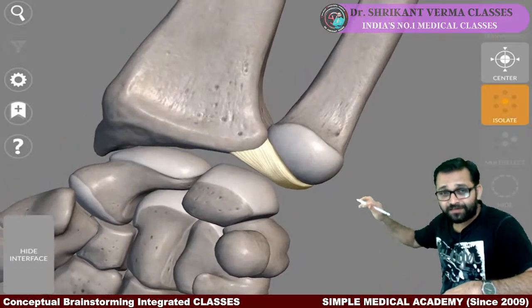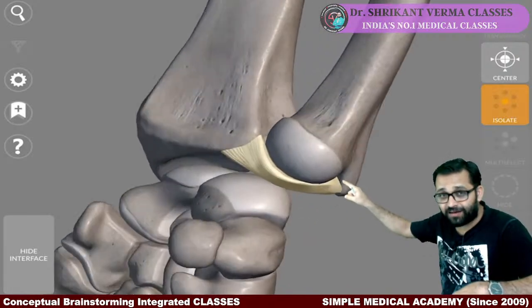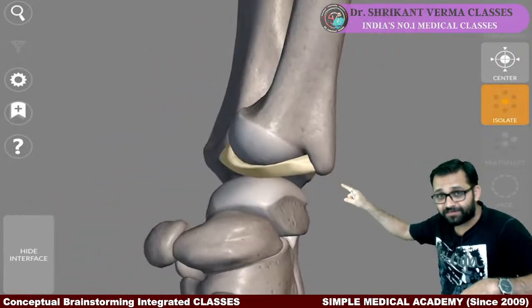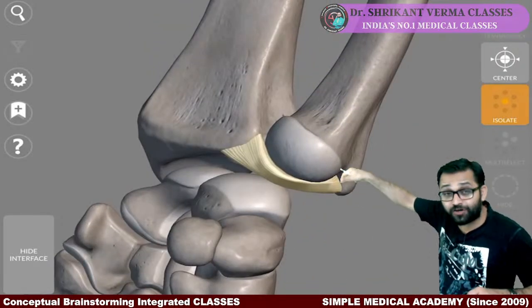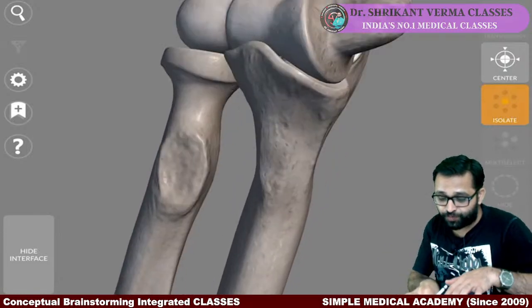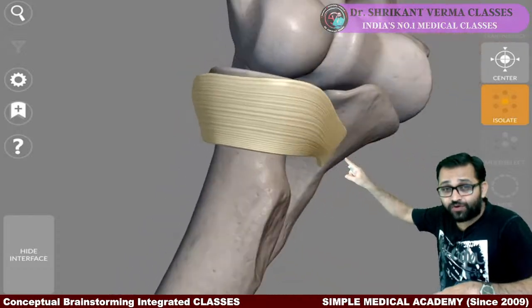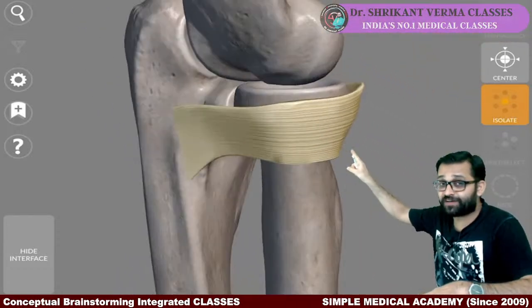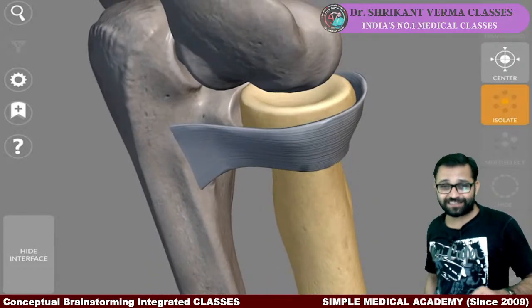Can you see this inferior radioulnar joint? Yes, ulna is having one ligament attached with the radius, so ulna can rotate here, and in the similar way at the superior radioulnar joint, see here there is one annular ligament, very beautiful. There is one annular ligament within which the head of the radius is encircled.